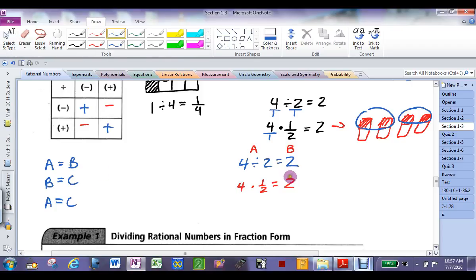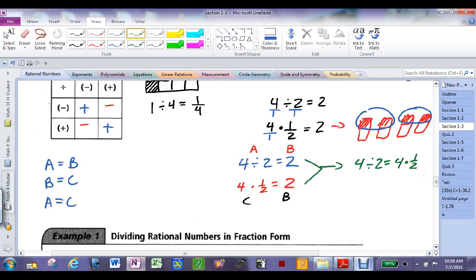There is B again, isn't it? But this is not A, this is something different. What is this now? There's B again and there's C, yes? B equals C. Everybody cool? So what does that tell us about A and C? That they're the same. So that tells us that 4 divided by 2 is the same as 4 times 1/2.